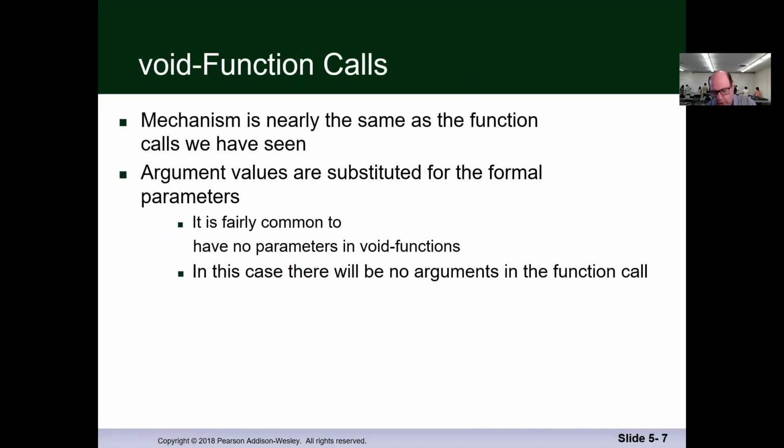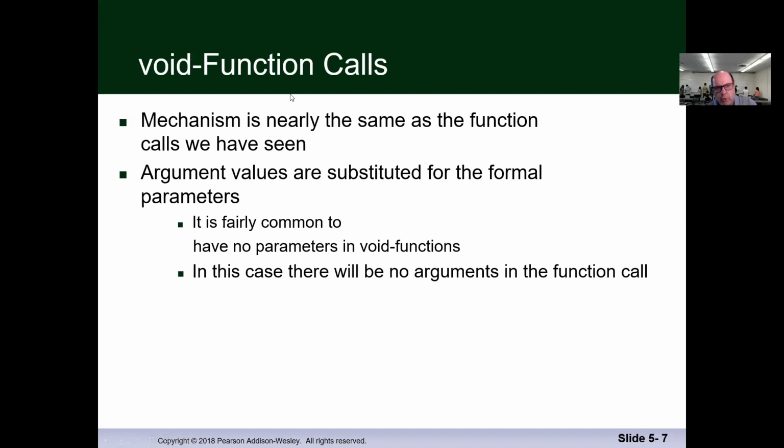The function call is going to be almost the same as what we were doing before. It doesn't matter what happens, the function call is going to work almost the same way. We can have arguments for the void function, and we can also have functions with no parameters.